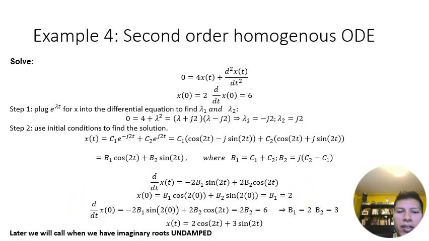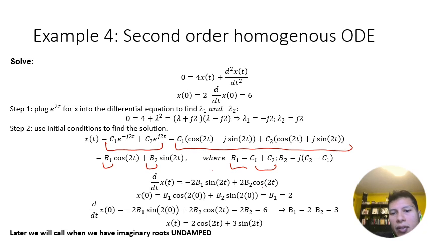Okay, just to reiterate, we're not going to use this notation when we have complex roots. We're actually going to split it out into sines and cosines. And we're going to define these coefficients b1 and b2, which is just the sum of the two coefficients, and then the imaginary difference. And we're actually just going to solve for b1 and b2 instead of c1 and c2.